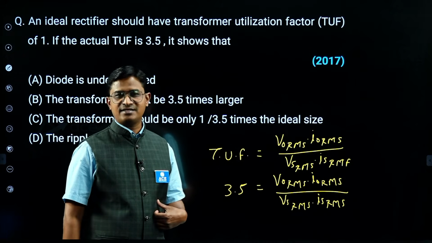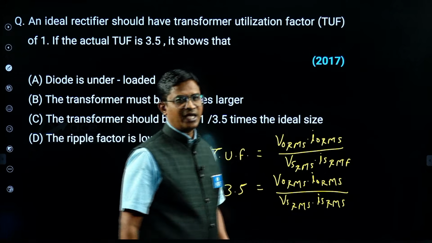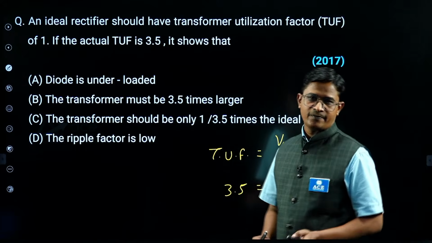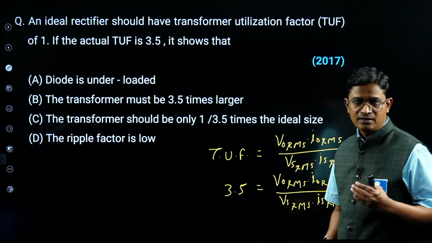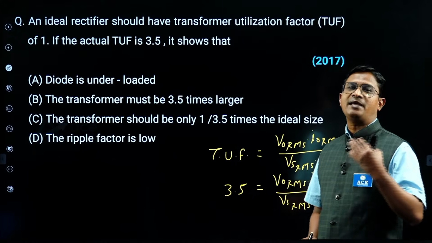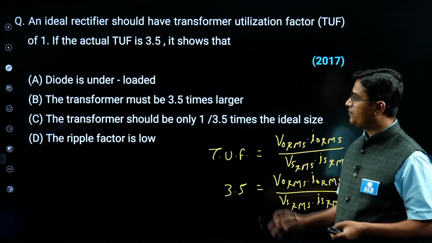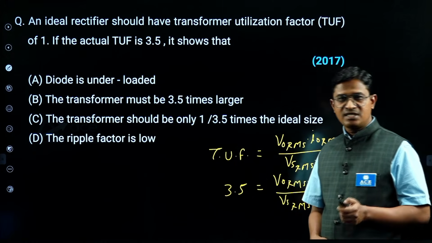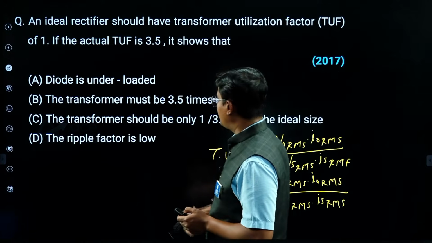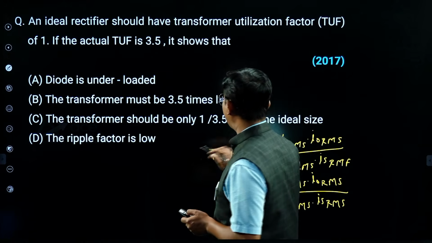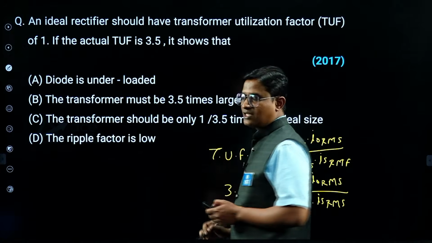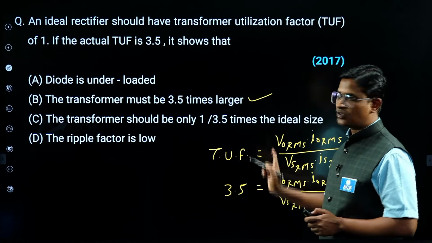Indirectly I can say that in this case I require a transformer which has a VA rating 3 times that of your load rating, means the size of the transformer should be 3 times larger than the actual size.